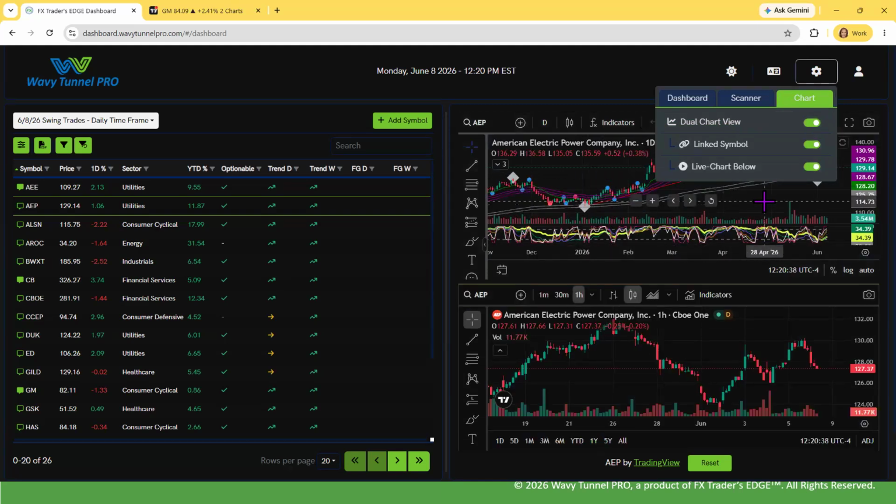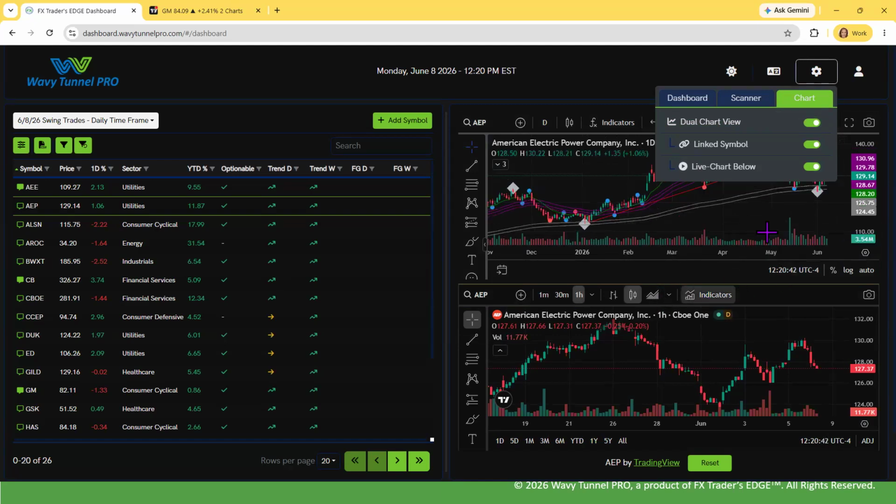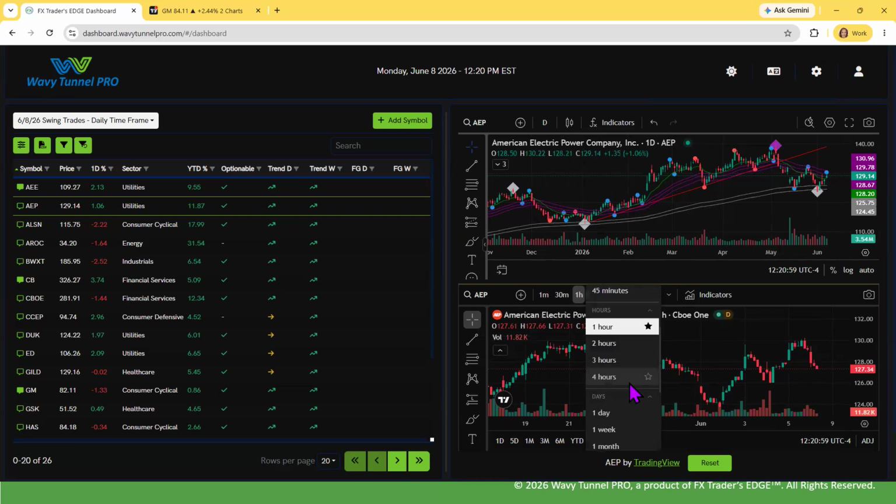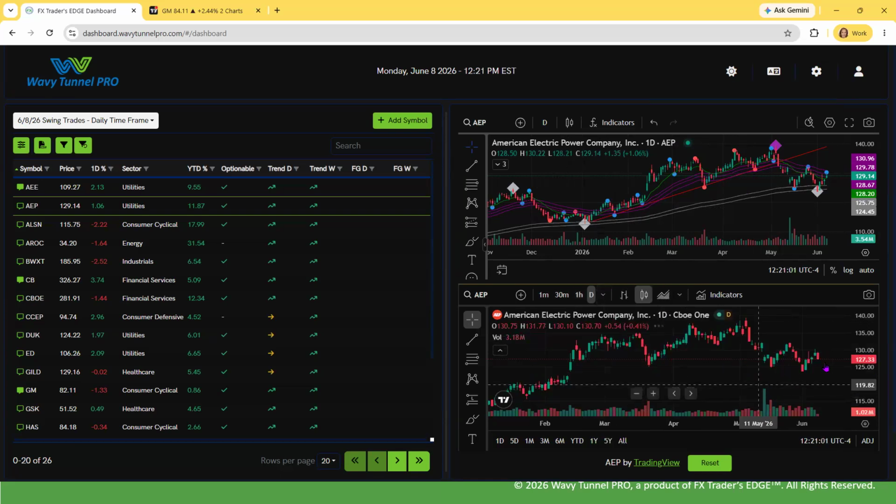And I am going to get rid of this pane so that we can see more of the chart up above. So yeah, this is the hourly chart. Let me just put up the daily so that we can see the, yeah, okay. So this shows us exactly what today's candle is.